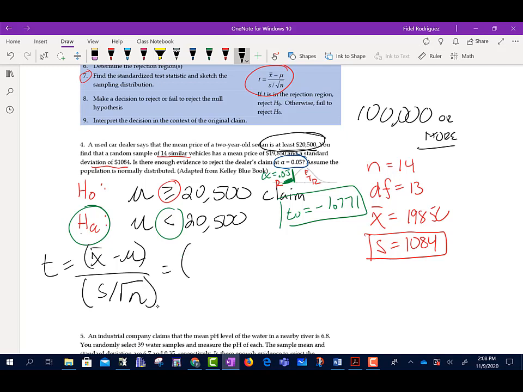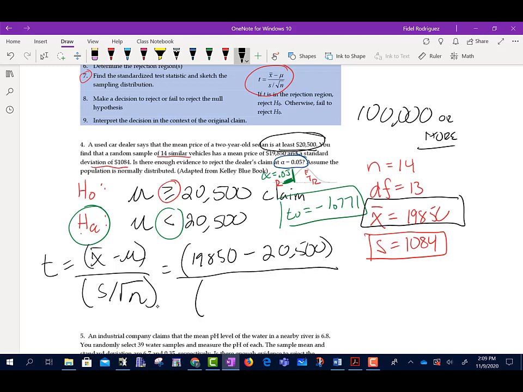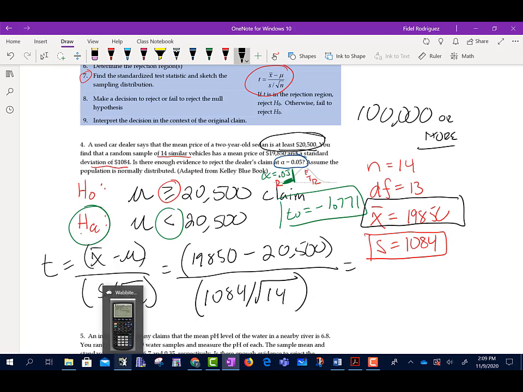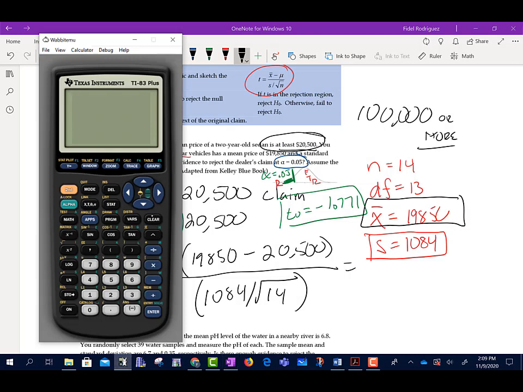So x bar, we wrote it down somewhere here: 19,850. 19,850 minus mu, which is 20,500, all divided by s, which was 1084, over the square root of n, which was 14. Let me get my calculator again. Let me clear this.